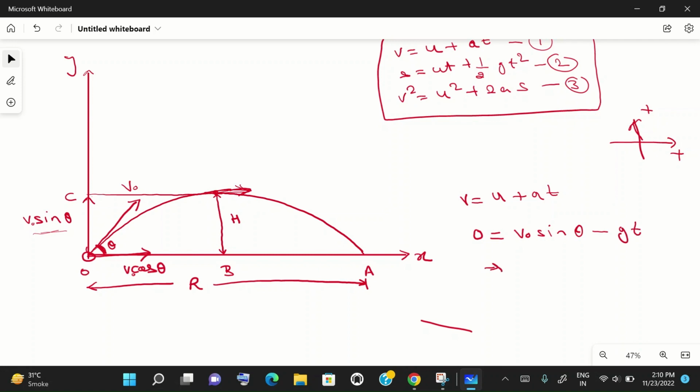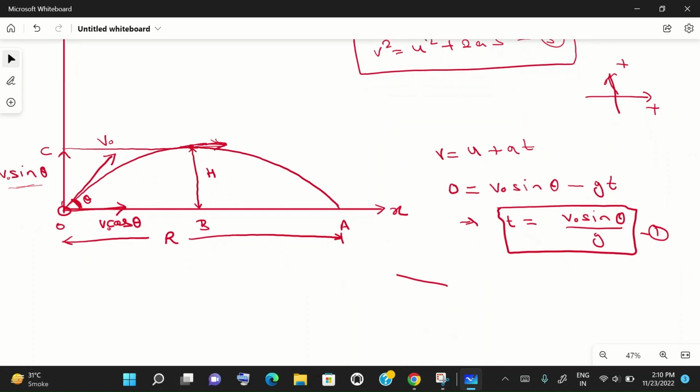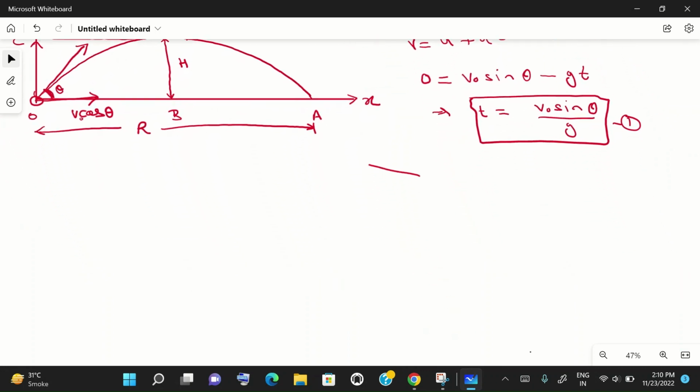From here you can write t is equal to v naught sin theta by g. So this is equation number 1. Now we have derived the equation for time t.